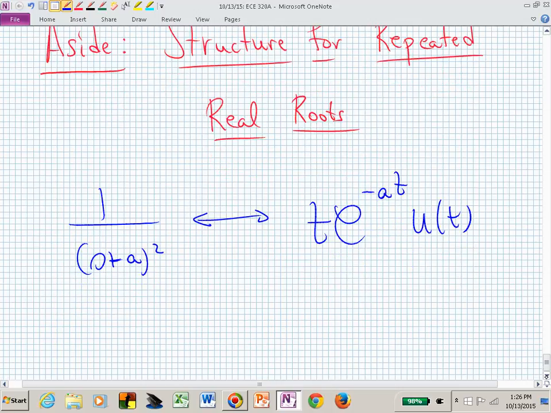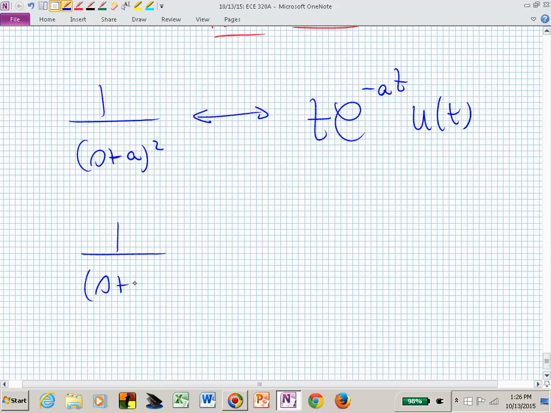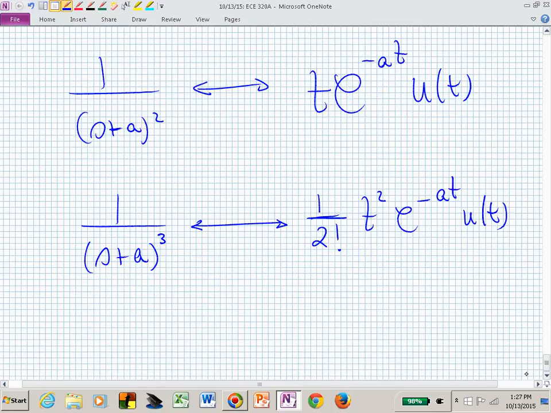Now, what if I did a cube? So now I had 3 of those poles sitting at s equal minus a. Now it's a little bit different. I have 1 over 2 factorial t squared, e to the minus a t u of t. So now I've changed it a little bit, but basically I end up with a t squared, but now I have to divide by n minus 1 factorial, where n is the power of the root.